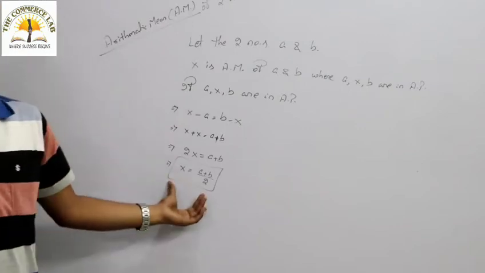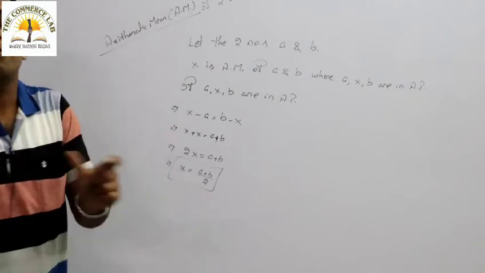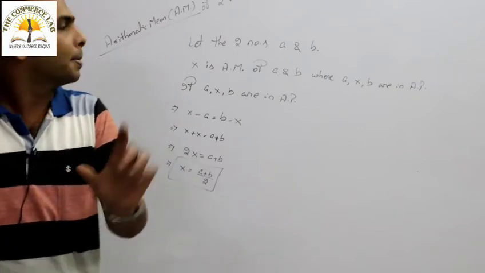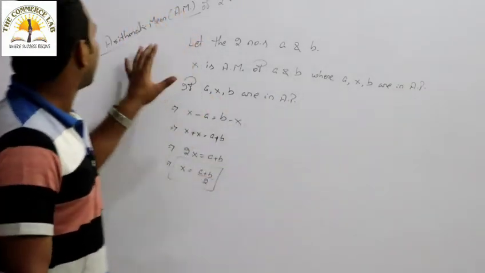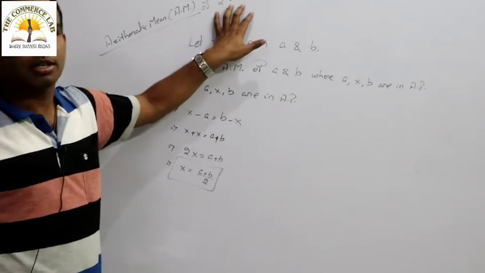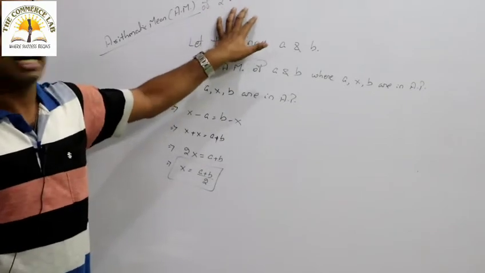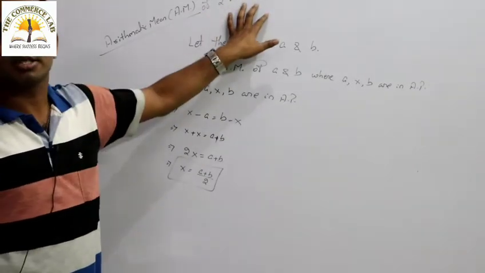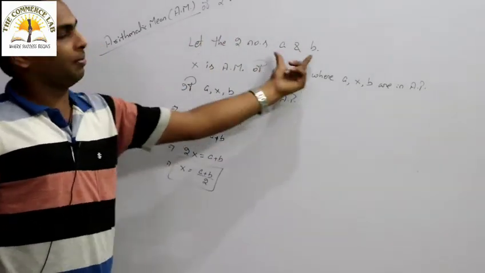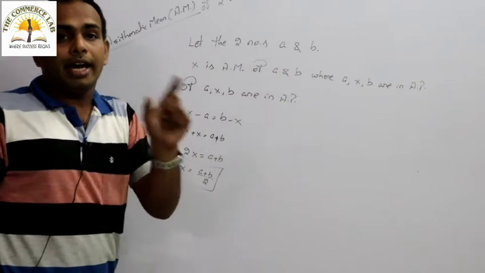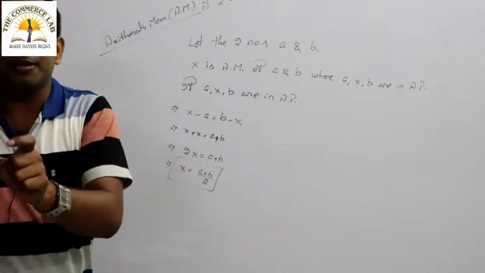So this is the formula of the arithmetic mean of two numbers which lie in AP. Let the two numbers be a and b. x lies between a and b. a, x, b are in AP.